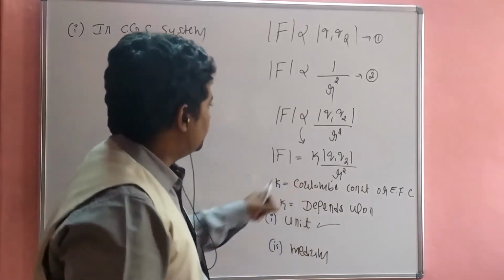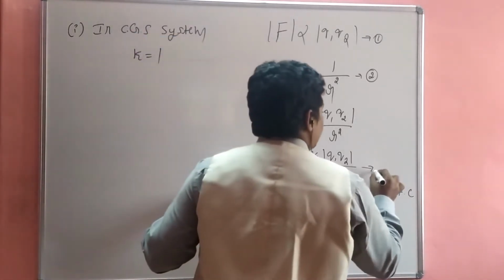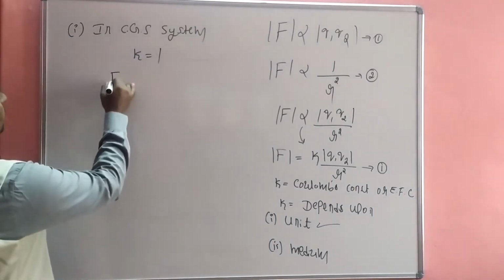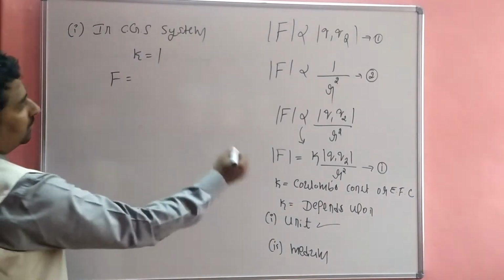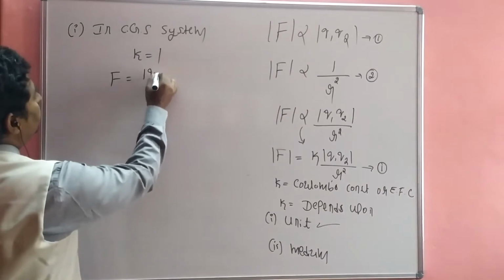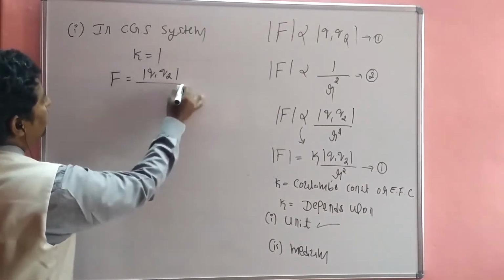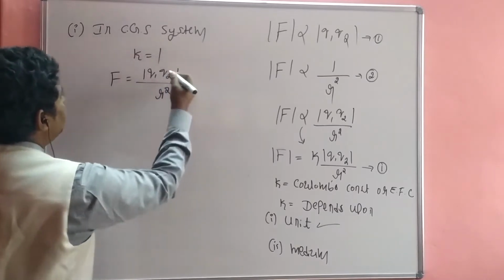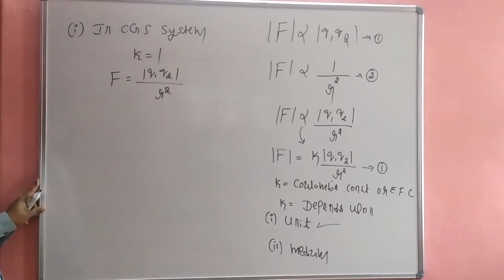So K value is 1 means the electrostatic force equation becomes F is equal to the magnitude of q1 q2 divided by r square, in the CGS system.